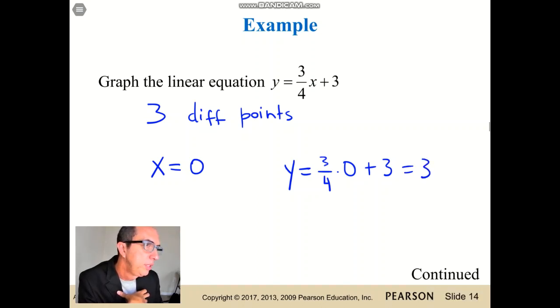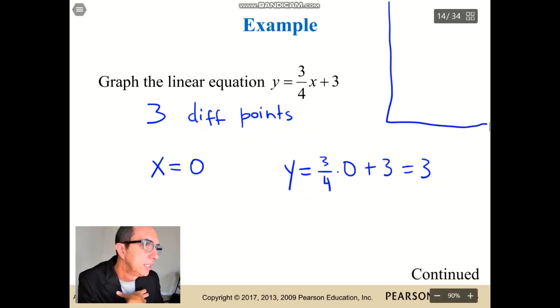Then this is going to be your first order pair. Let's write down here. Let's get a space here, and this is going to be our first order pair, 0 and 3.